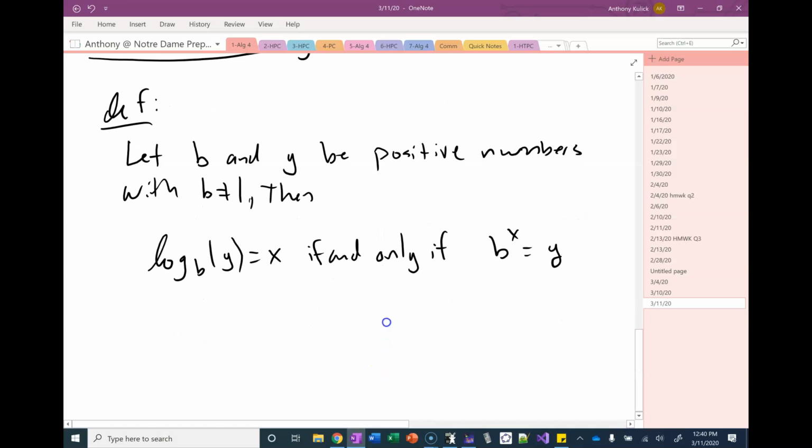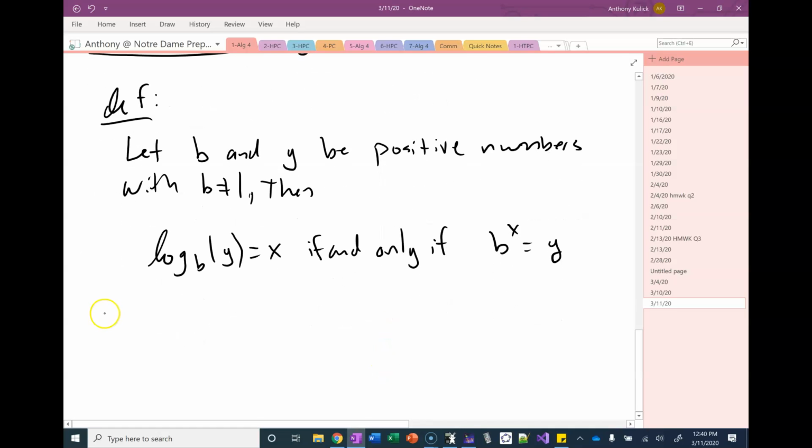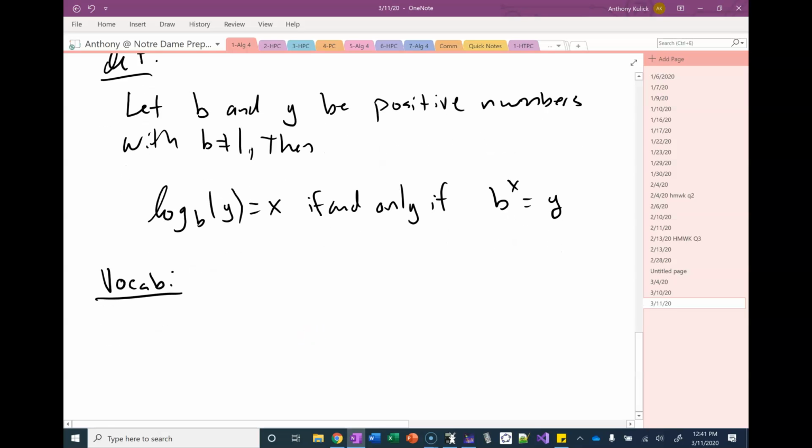So what I want to do now is just talk about some vocab. So there's two situations or special values for b on my logarithm that we're going to give special names and special symbols to. So log base 10 is a special logarithm.